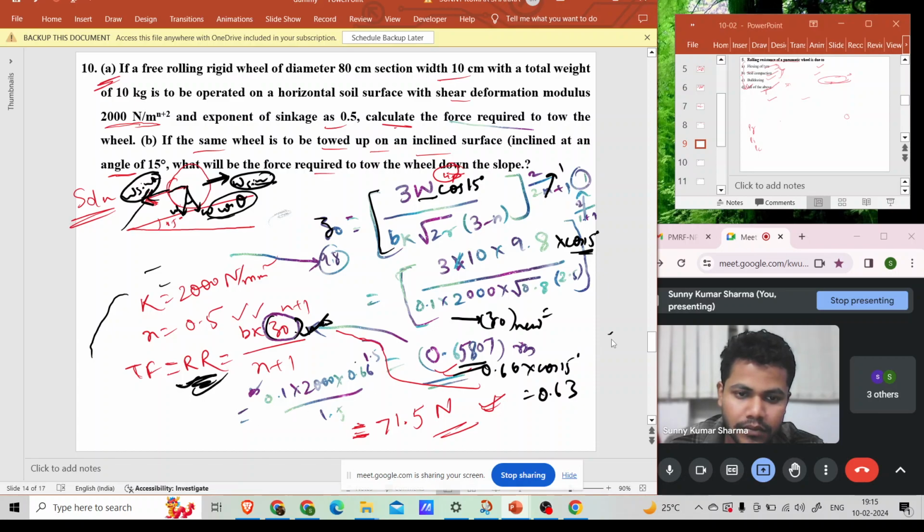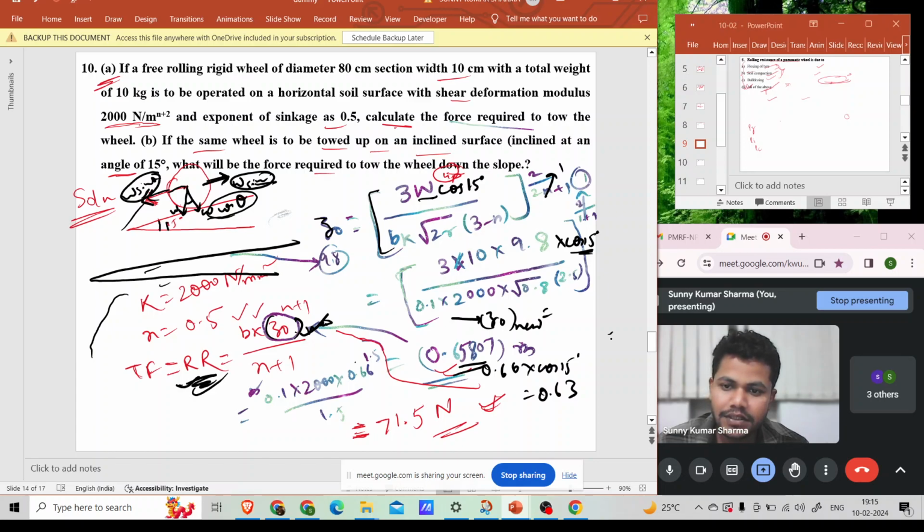There's one small doubt, sir. In calculating the inclination, we should be modifying Z0 by multiplying it with the certain degree, sir. And then we should be subtracting it with W sine theta also, sir, at the end of the problem. Yes, if the wheel is moving down, then that W sine theta force is already acting.